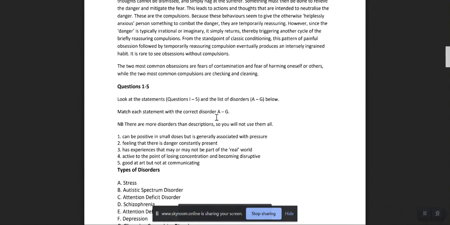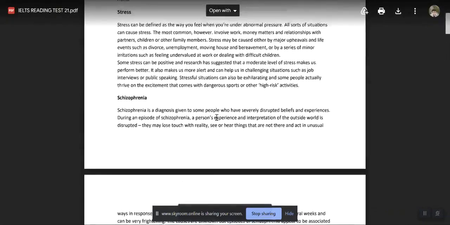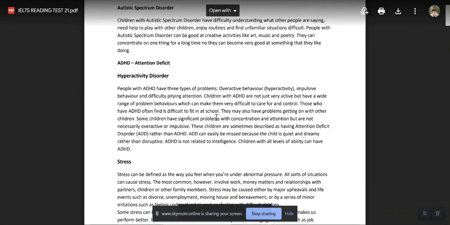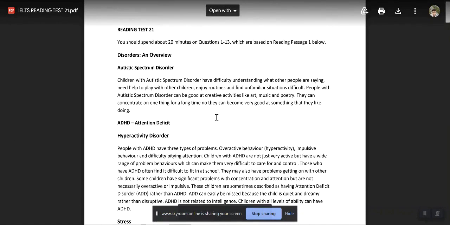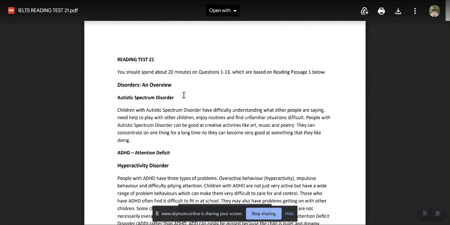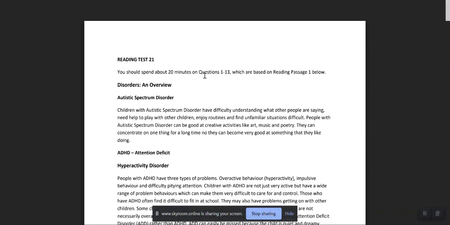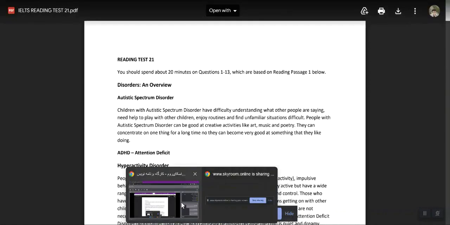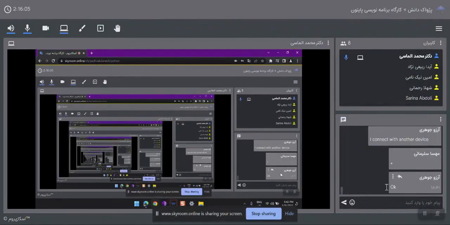You should spend about 20 minutes on questions 1 to 13, which are based on reading passage 1 below. Disorders. An overview. Who wants to read? Among you guys, who wants to read?